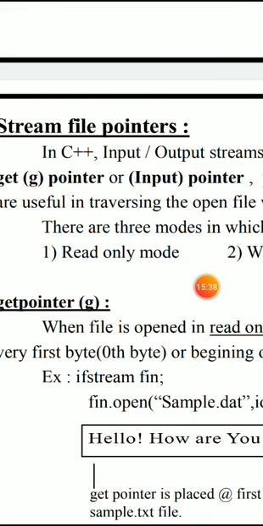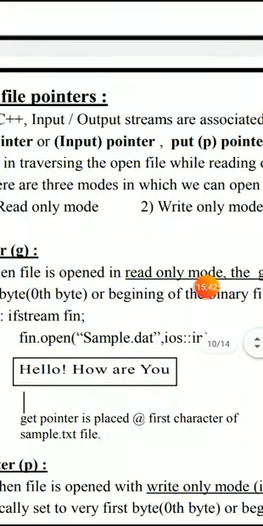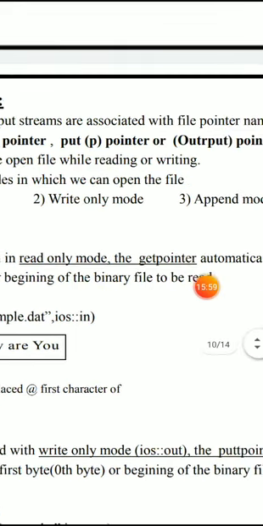There are three modes in which you can open a file. One, you can open the file in read mode, so that if you want to read some contents from the file, you can do so. Or you can open the file in write mode.